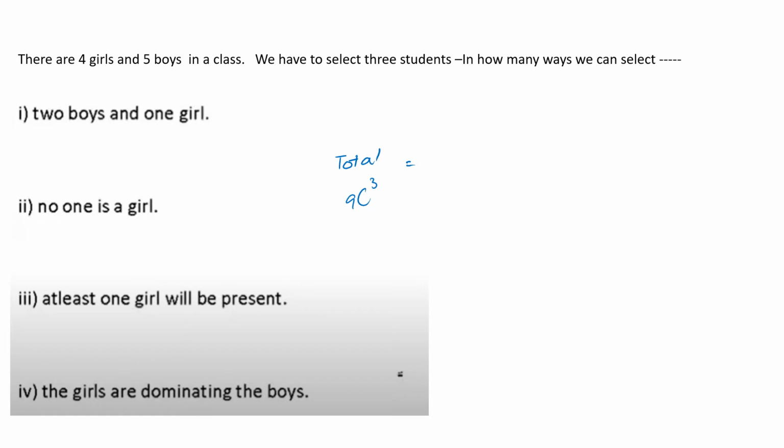What is meant by domination? Domination means that the girls are more than the boys, and you have to select the 3 students. So maybe you select two girls and one boy. Of course, two girls and one boy means the girls are more than the boys. One girl, two boys is not my situation because the girls are fewer than the number of boys.